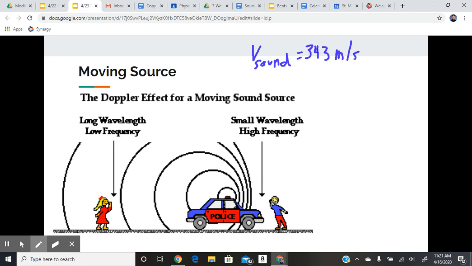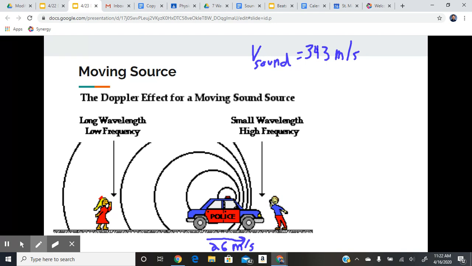And since sound can only travel at 343 meters per second, you have a car, let's say, that's honking its horn, traveling at a fraction of that speed. So let's just say this car is moving at 26 meters per second. So it's moving at a very, very small fraction of the speed of sound.